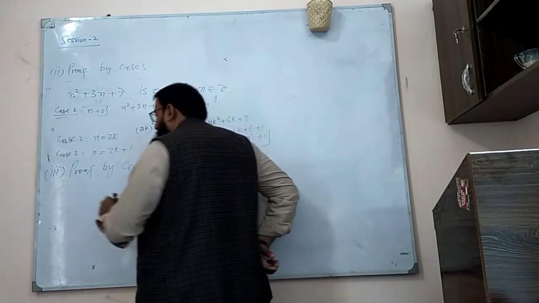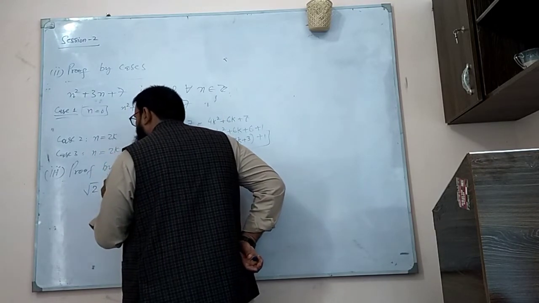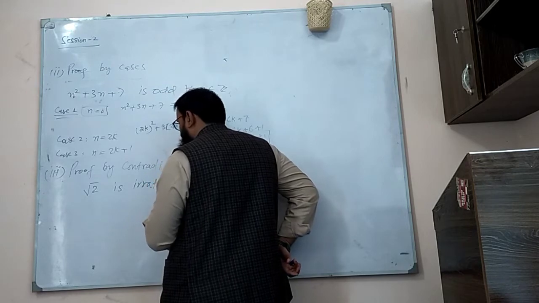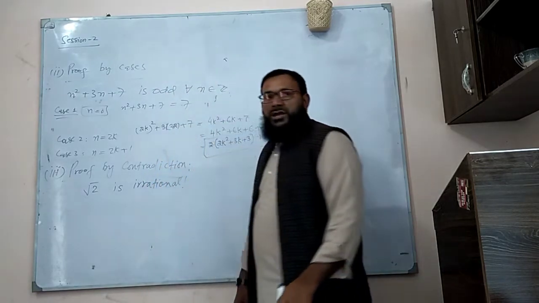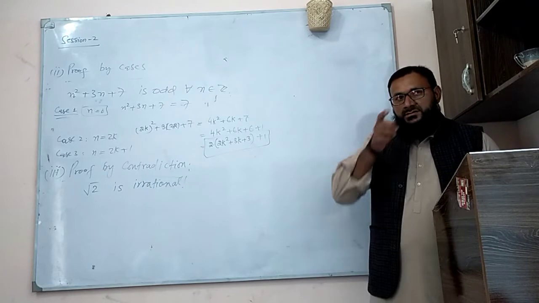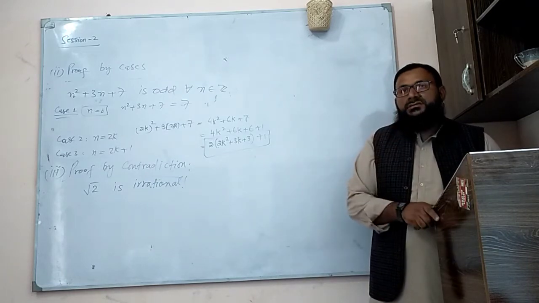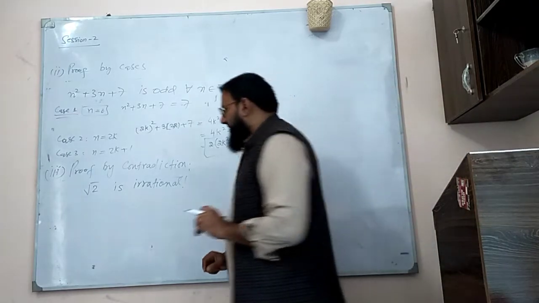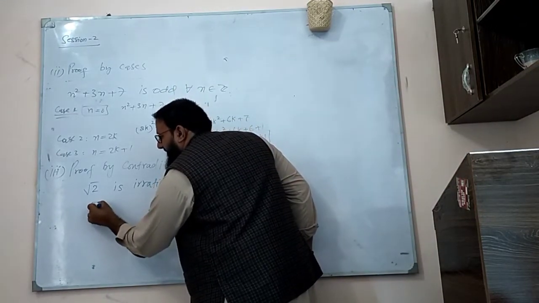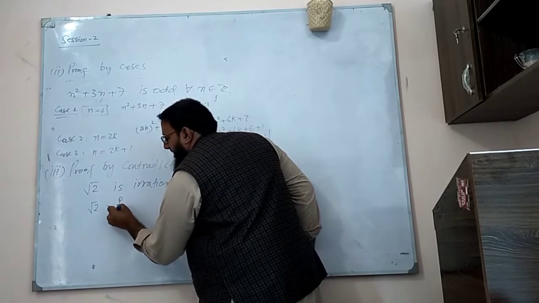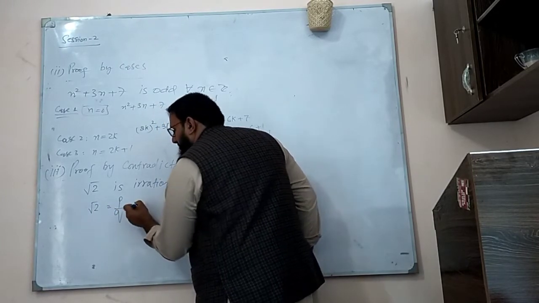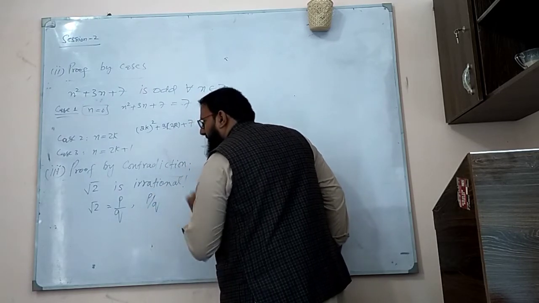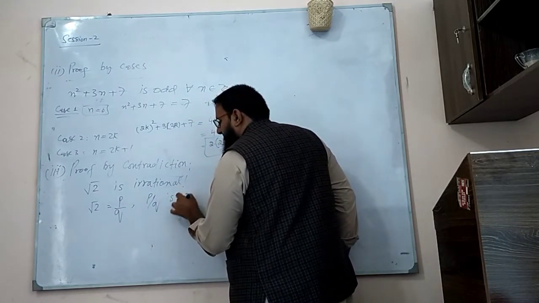Take this example, that square root of 2 is irrational. You assume that it is rational, like it is equal to p by q, with the extra condition that p by q is in simplest form.